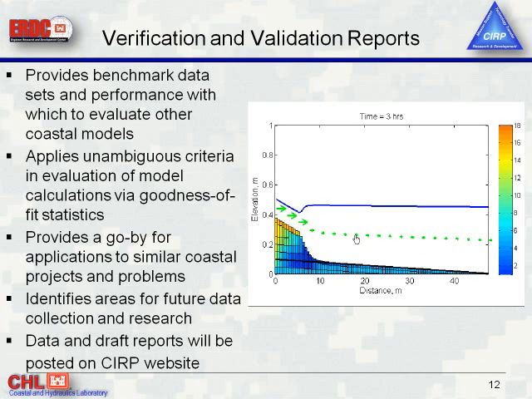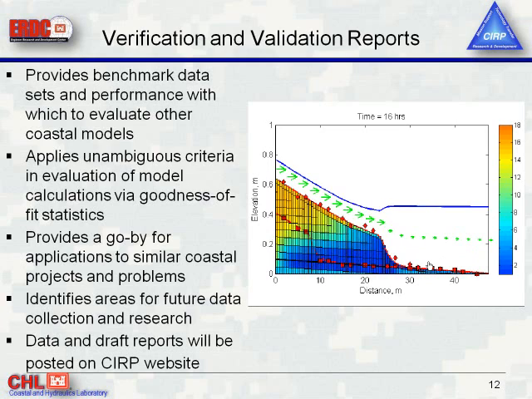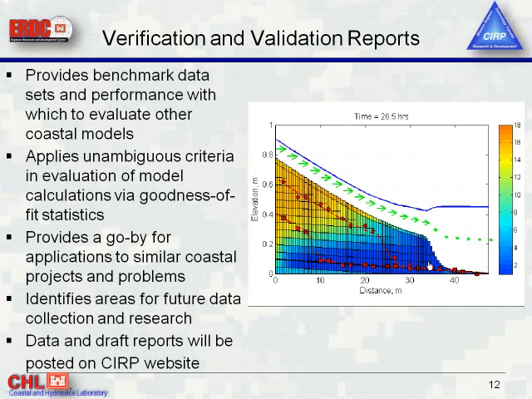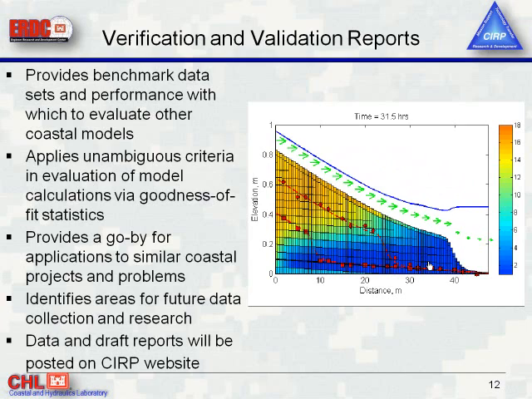The current velocities are indicated by the green arrows. As the animation progresses, when it gets to a certain time, it'll overlay the measured data of the bathymetry and water levels. So over here you see a hydraulic jump forms at the end of this. Okay.